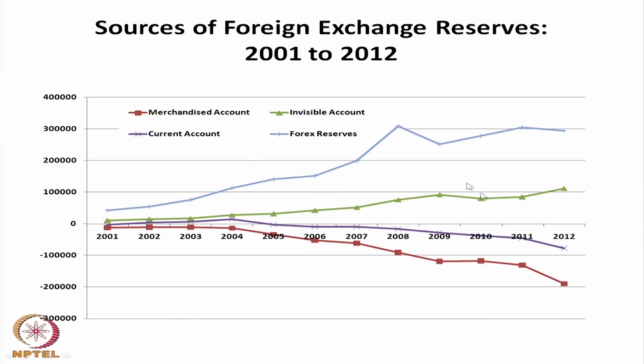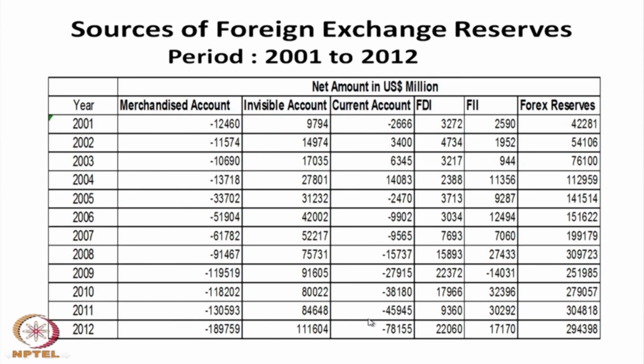Invisibles, as a part of the foreign exchange reserve, though increasing, are not in a position to control the current account deficit. If you see the table here, the current account was in surplus in 2002, 3 and 4.